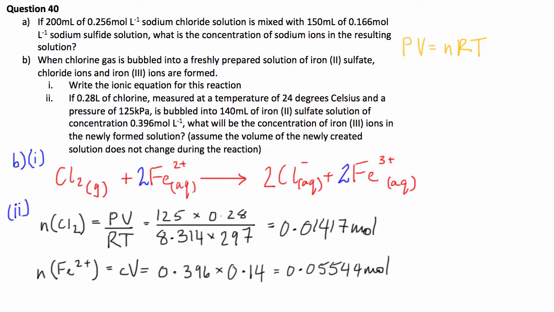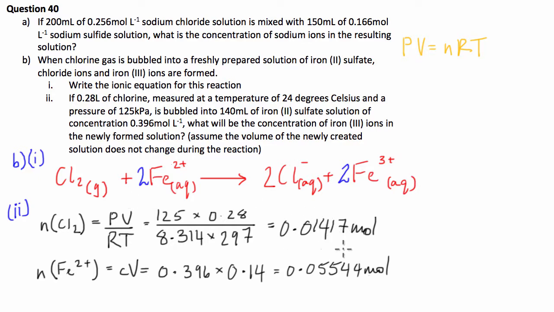Cool. So we need to work out the molar ratios of these, and which our limiting reagent is. For every 1 mole of Cl2 gas, we are going to need 2 moles of Fe2+.